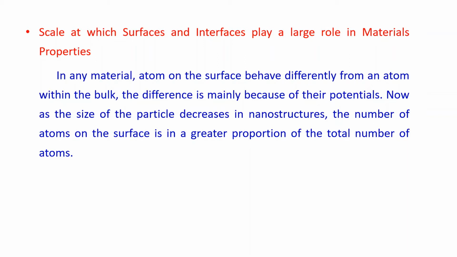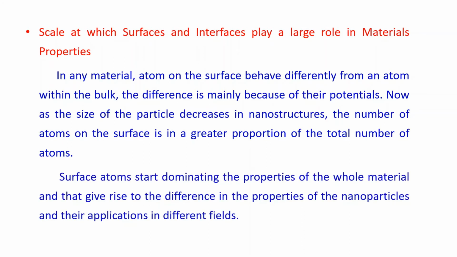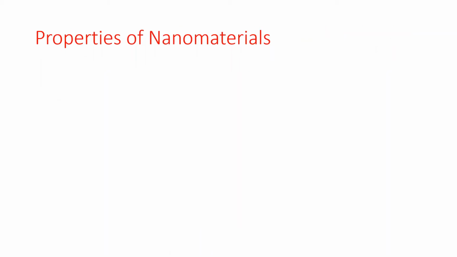Now, as the size of the particle decreases in nanostructures, the number of atoms on the surface is in a greater proportion of the total number of atoms. So surface atoms start dominating the properties of the whole material, and that gives rise to the difference in the properties of the nanoparticles and their applications in different fields. So there are two effects we have discussed that affect the properties of the materials. Now we will discuss the properties of nanomaterials.